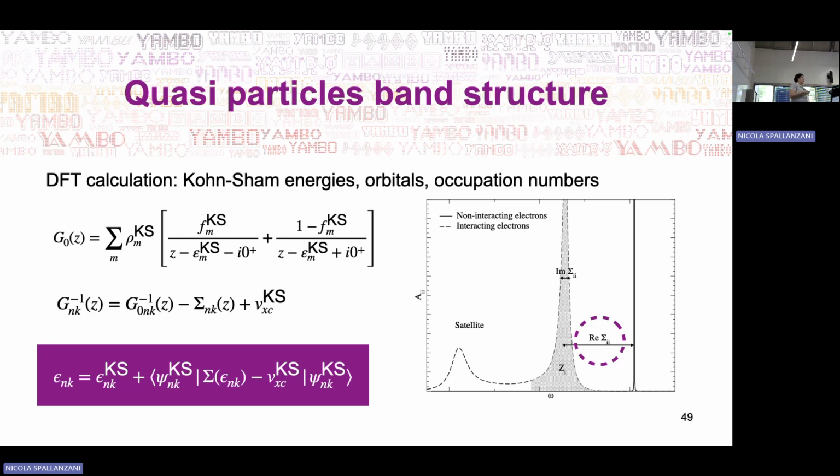So now, usually, we have a DFT band structure. We want to correct this band structure. We want to compute the interacting system band structure, and we compute it, as I said before, as a correction to the non-interacting band structure.